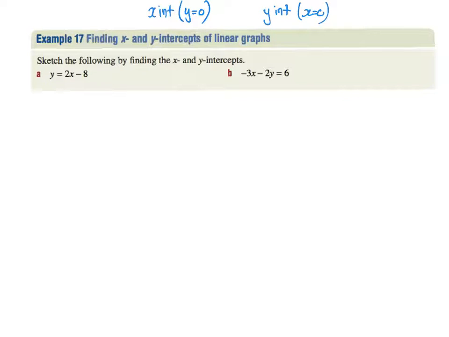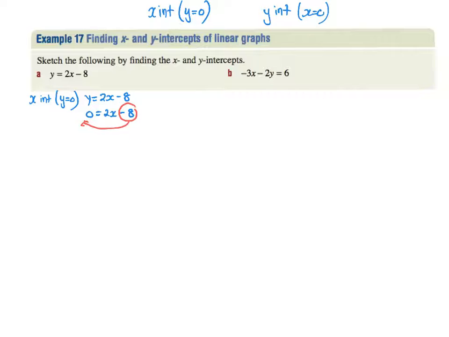So when they say sketch the following by finding the x and y intercepts, you're going to have to find them first. So for this first one, I'm going to find the x-intercept, which I said is when y equals 0. So I write out the equation, and then every time I see y, I put 0. And now I'm going to solve that equation. So at first I'm going to move this negative 8 over an equal sign.